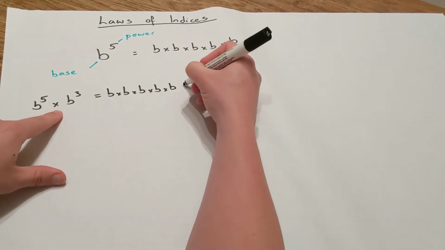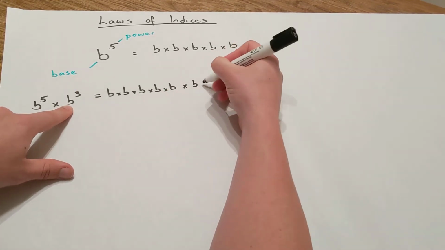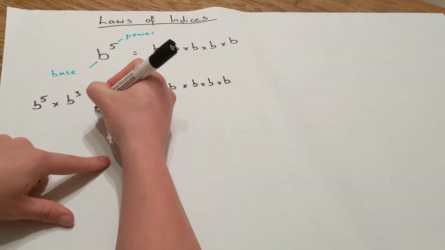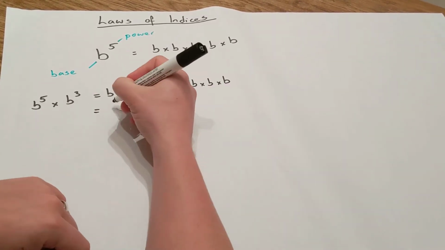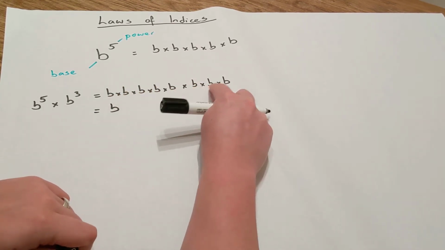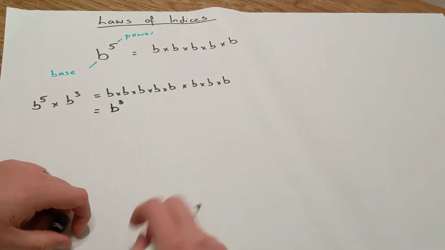And we're timesing that by b to the 3. B to the power of 3 is b times b times b. Now, how many b's have I got here? I've got 1, 2, 3, 4, 5, 6, 7, 8. I've got b to the power of 8.